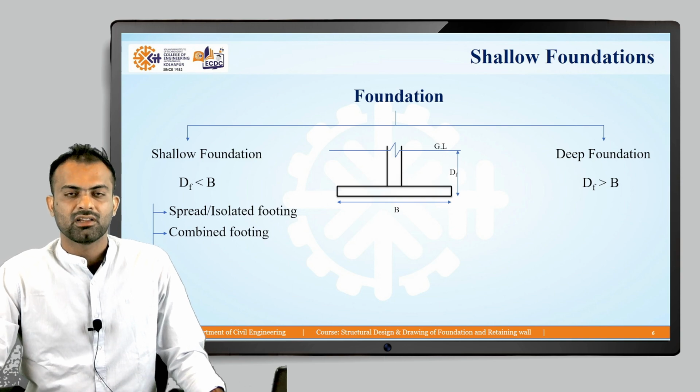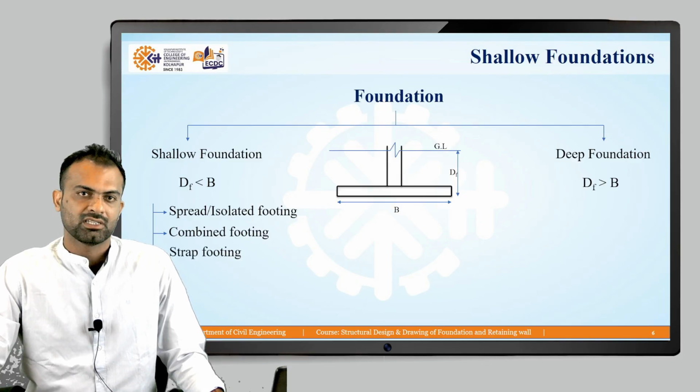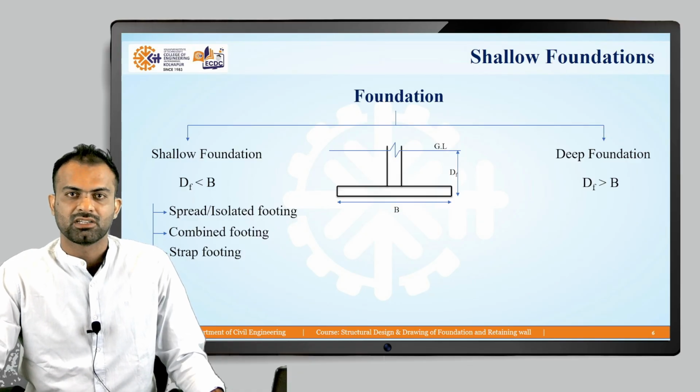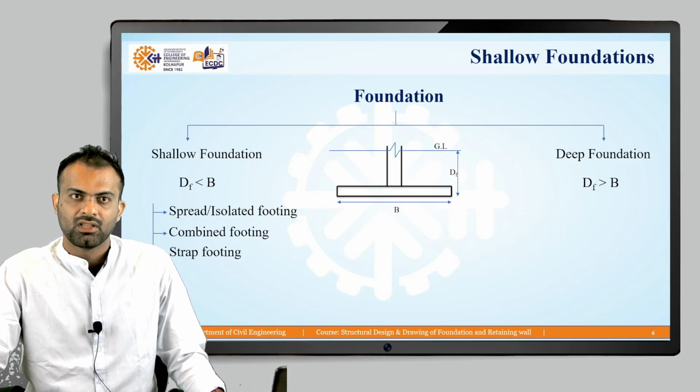So in those times we are going to provide the combined footing. And the third one is strap footing. A strap footing is a longitudinal beam-like section that connects a series of columns in one direction. It looks like a strap, so we call it a strap footing.